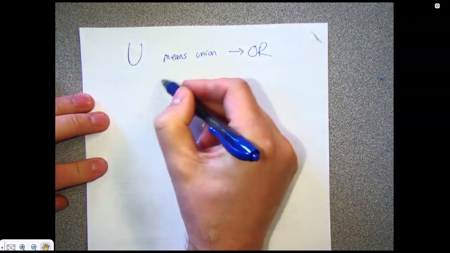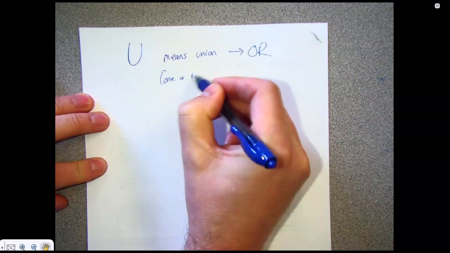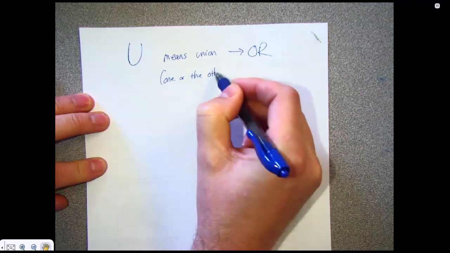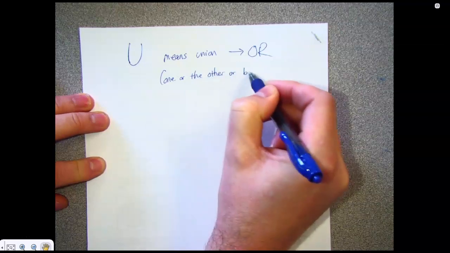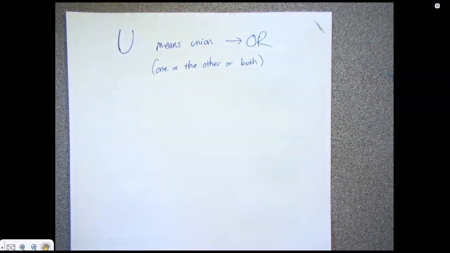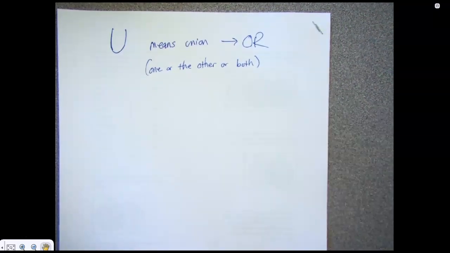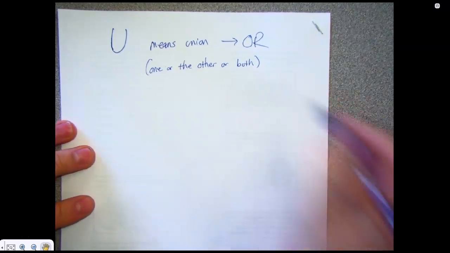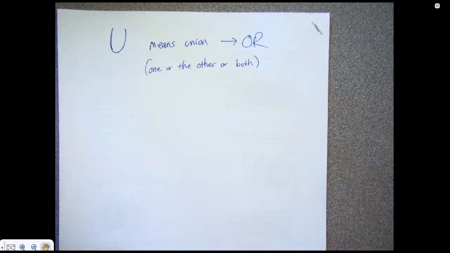And what that means is one or the other or both. You get that? So like the union of two events. We'll start doing Venn diagrams a little bit, but a union will be like where they overlap. It's part of it.